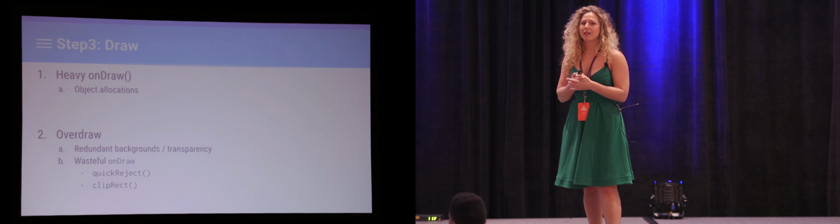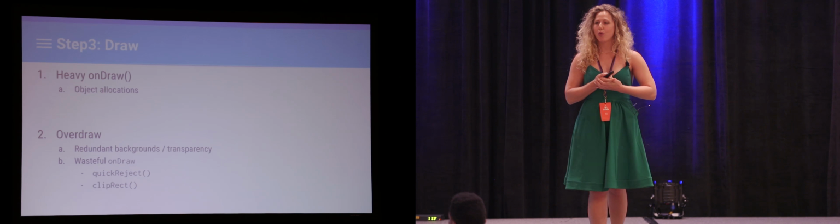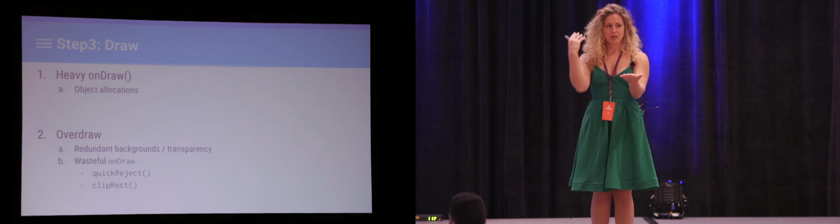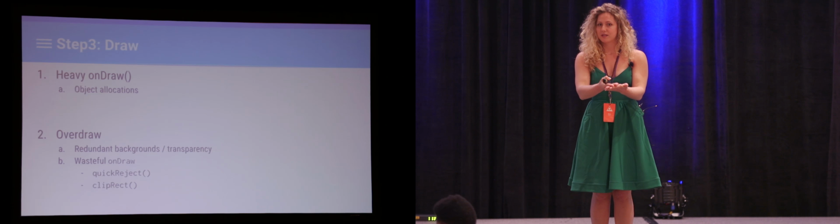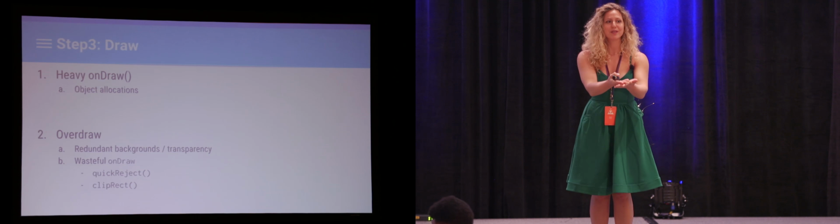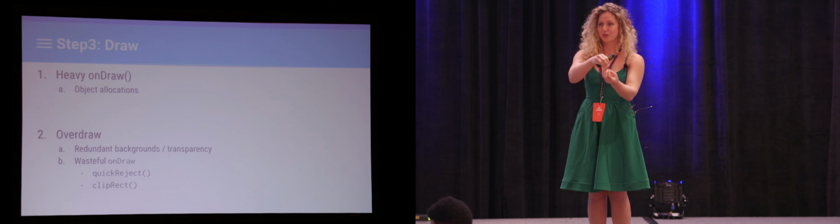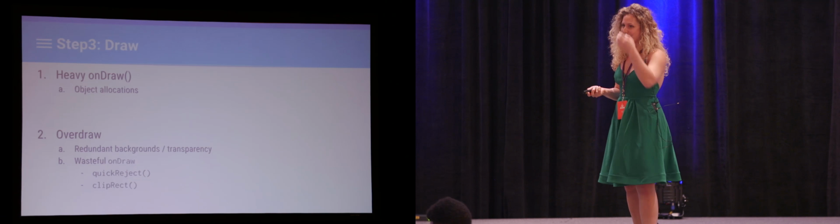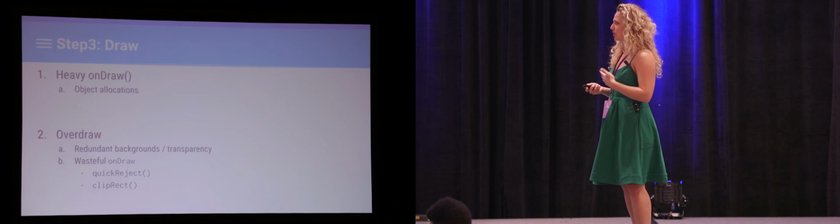The second thing is something that is called overdraw. Overdraw means if you draw a pixel and then you draw another pixel on it, so you spend double the time to draw this specific pixel, and it can take too much time, and it can definitely show.